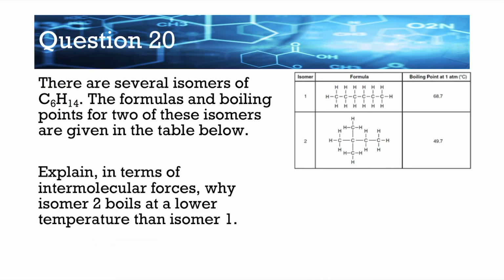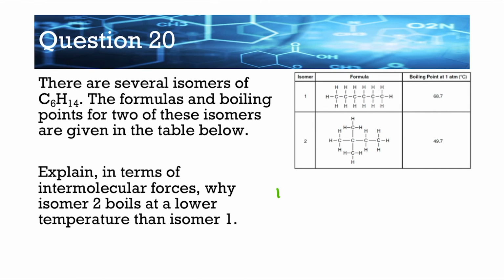Lastly, number 20 explains in terms of intermolecular forces why isomer 2 boils at a lower temperature than isomer number 1. So think back to forever ago when we talked about intermolecular forces.